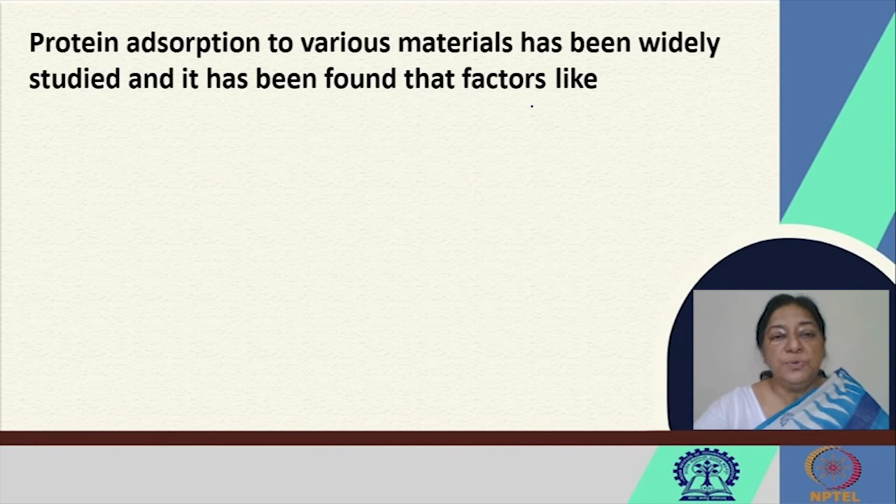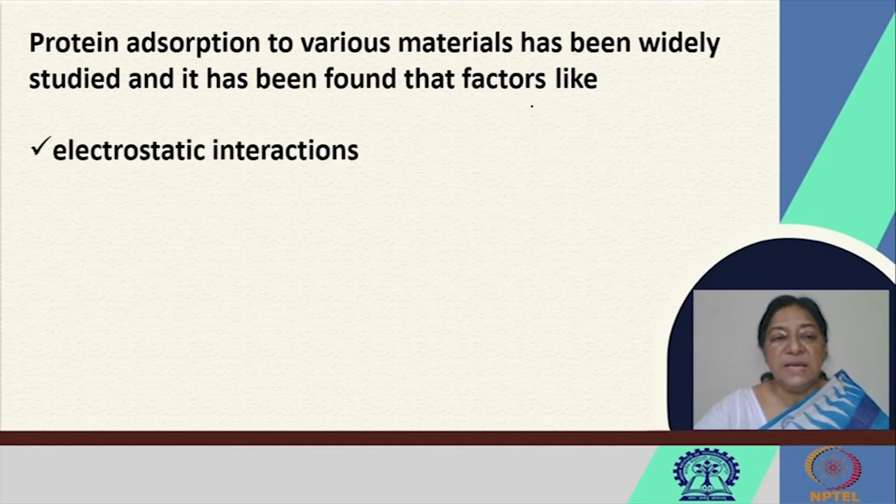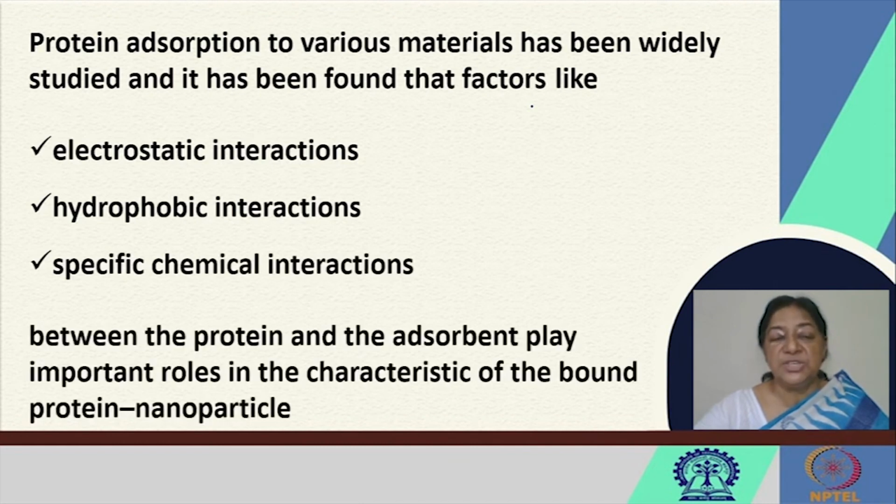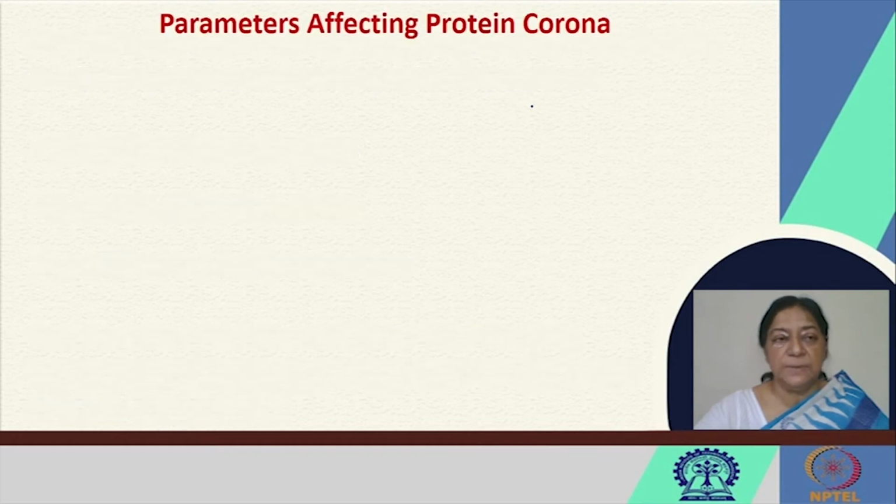The protein adsorption on the materials has been widely studied, and it has been found that factors like the electrostatic interactions, the hydrophobic interactions, and the specific chemical interactions between the protein and the adsorbent play important roles in the characteristics of the bound protein-nanoparticle.